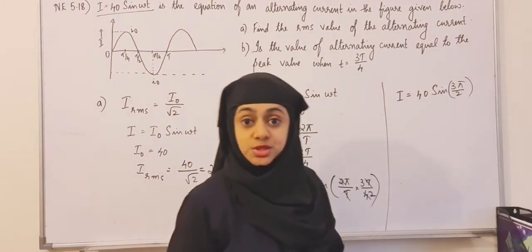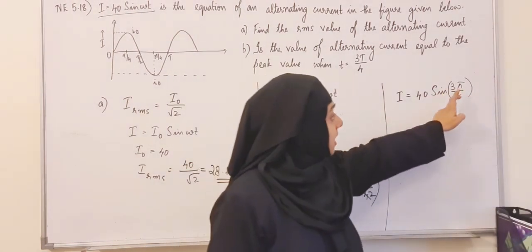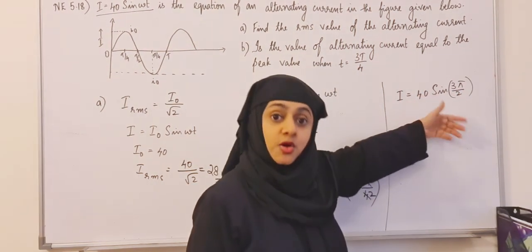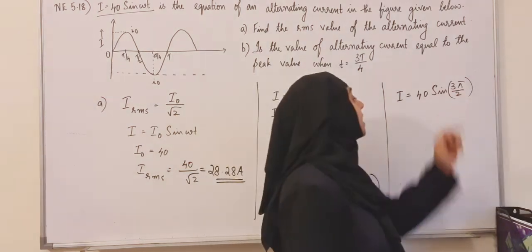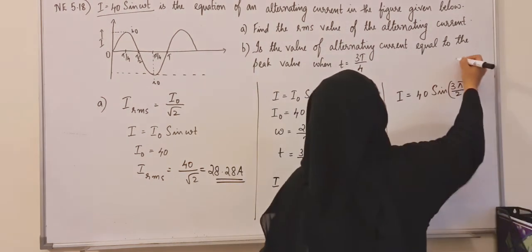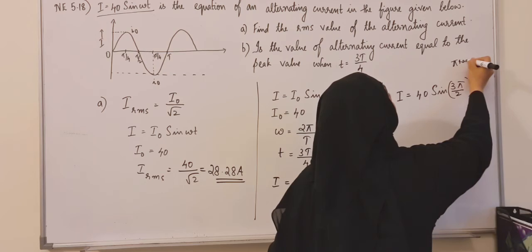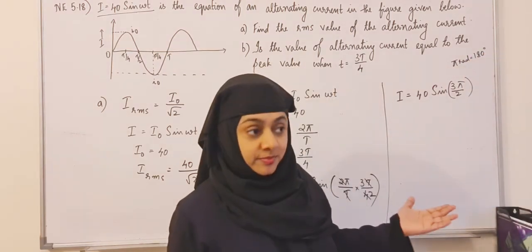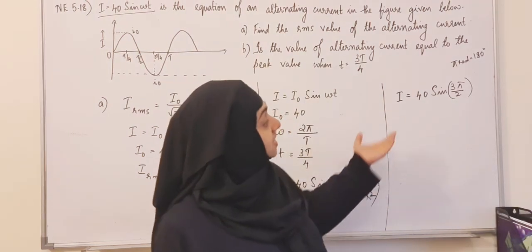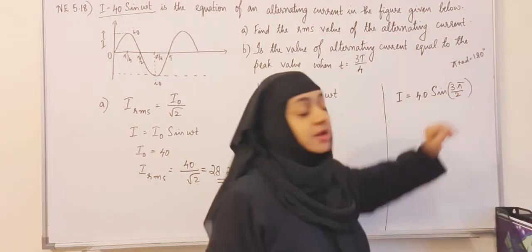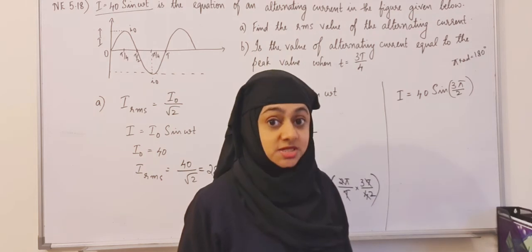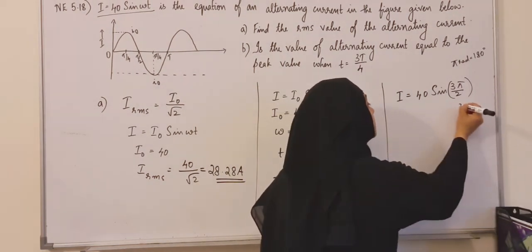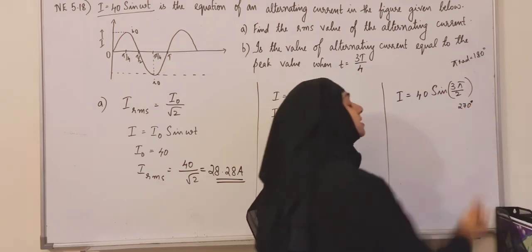Either you can use the radians mode of your calculator and calculate this directly, or you can substitute for pi 180 degree, because pi radians is equal to 180 degree, and use the calculator, or you will be knowing that 3 pi by 2 means 270 degree. So this is 270 degree, and what is sine 270?